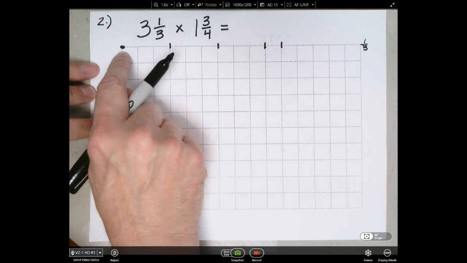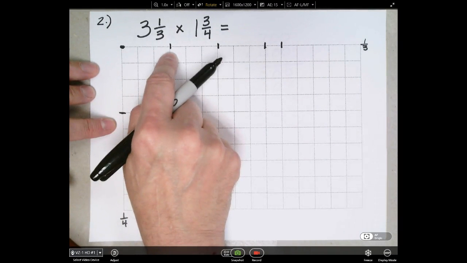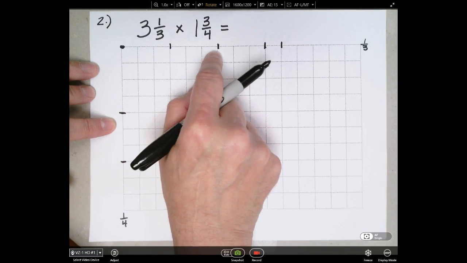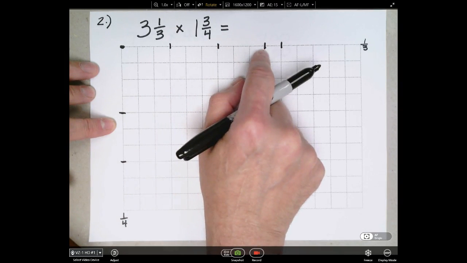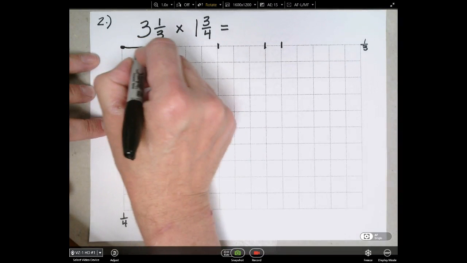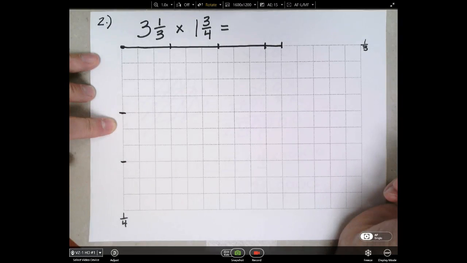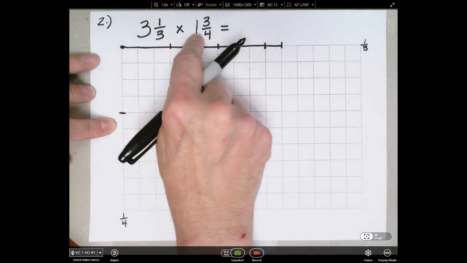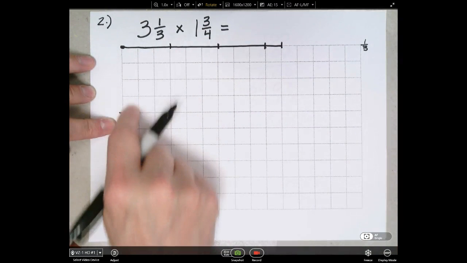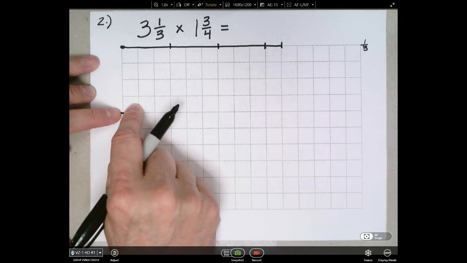Okay, so you can see what I've chosen to do is 1, 2, 3, that's 1. 1, 2, 3 is 2. 1, 2, 3 is 3. And 1/3, 3 and 1/3 will take me all the way out to here. And I'll stop right there. And then for 1 3/4, this time I had to count 4 to make my whole. 1, 2, 3, 4 makes a whole.